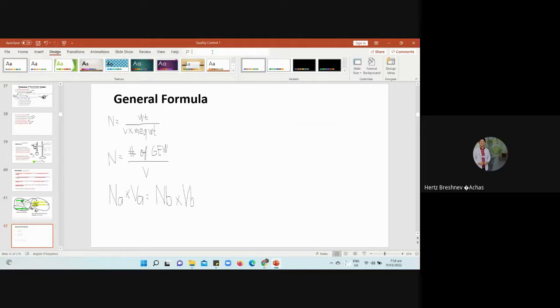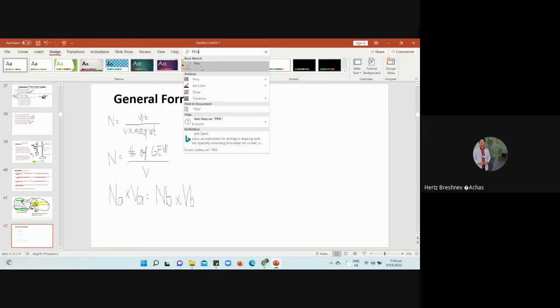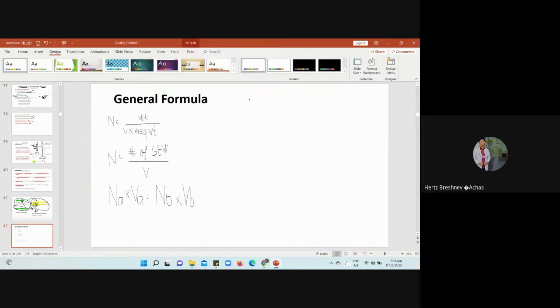The titration process, di ba, nag-perform tag titration, and then we have the analyte. So this is the holder, and then this is the analyte plus indicator, and then this is the titrant.